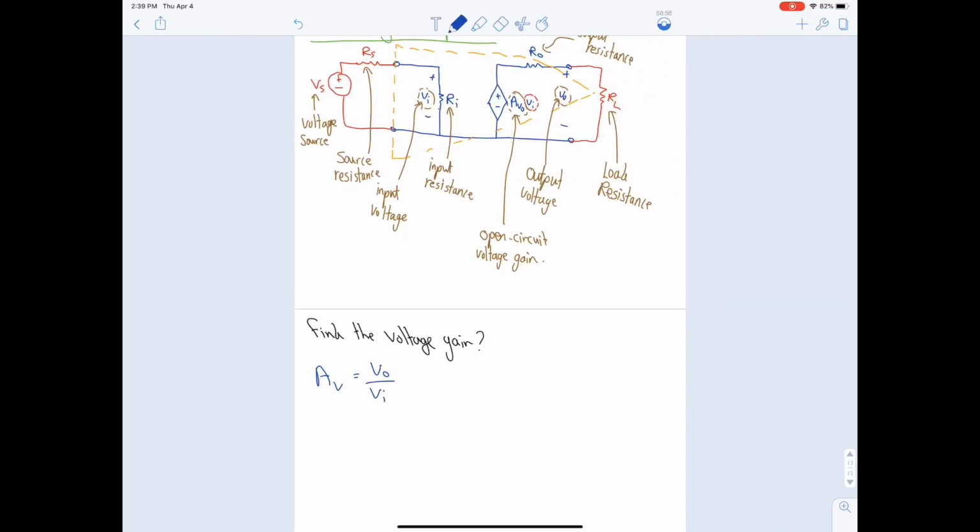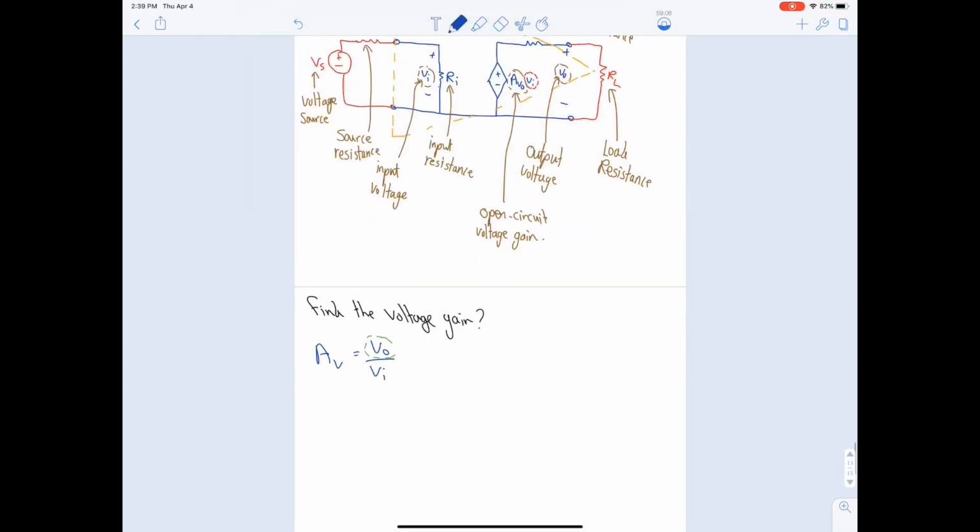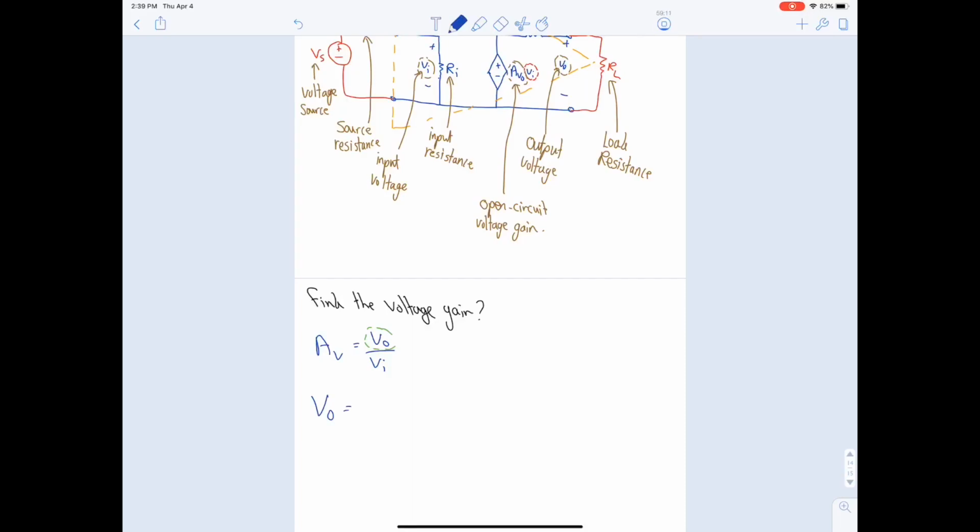My advice to you for this kind of question is to always start from the numerator, which is the output, and then try to reach the denominator. So you find an equation that relates the numerator with the denominator.